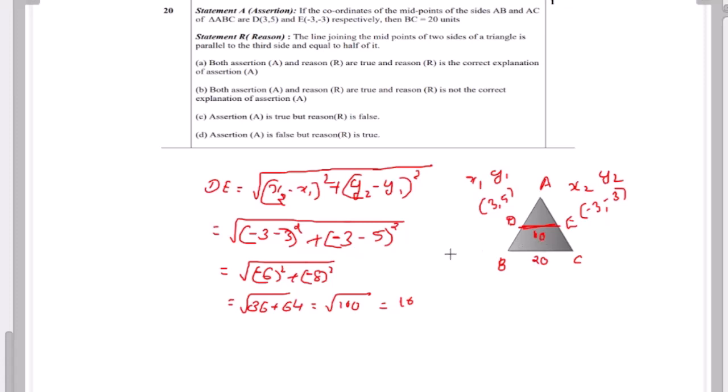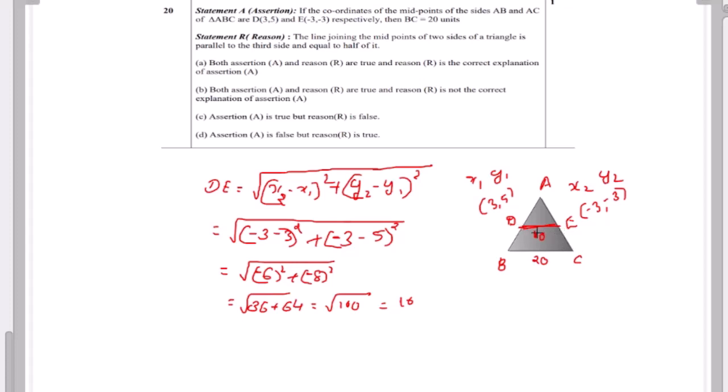Now statement R: the line joining the midpoints of two sides of a triangle. D is the midpoint of AB and E is the midpoint of AC. The line joining the midpoints is DE, right?